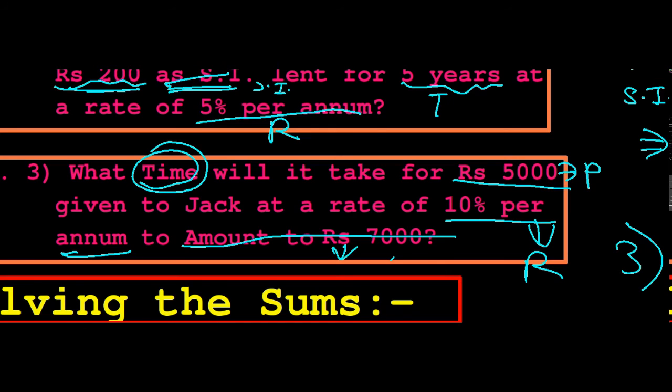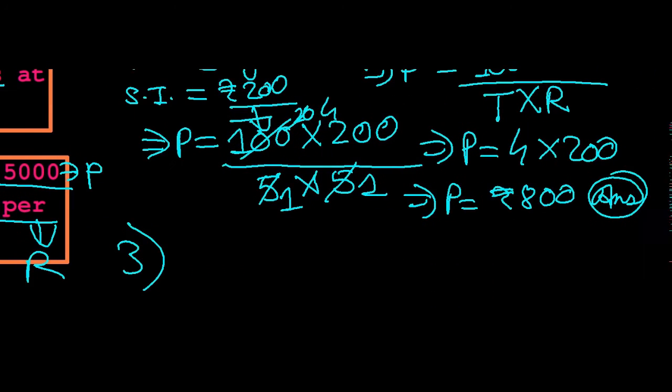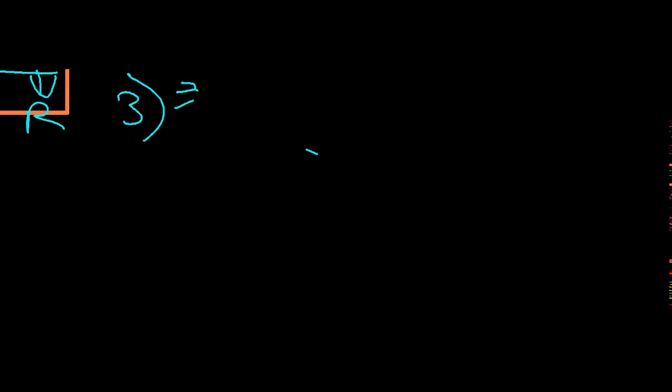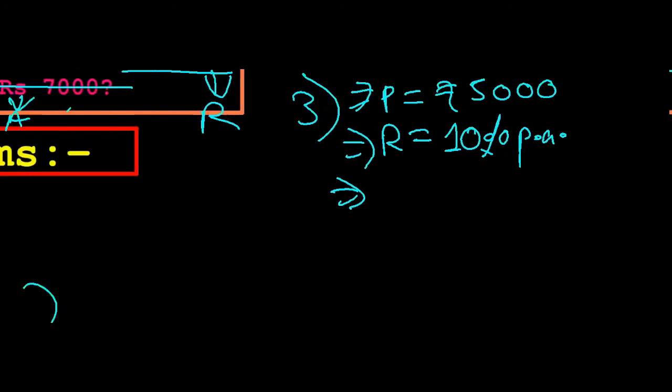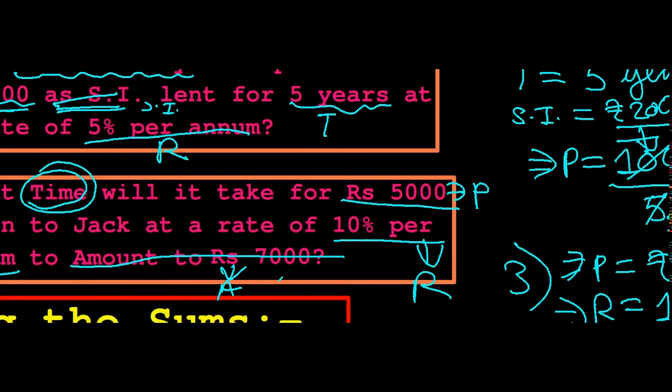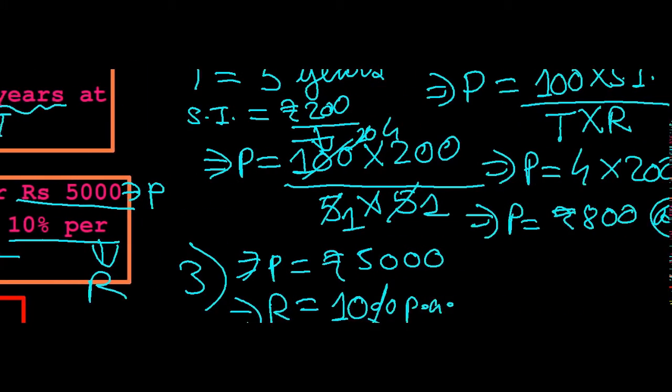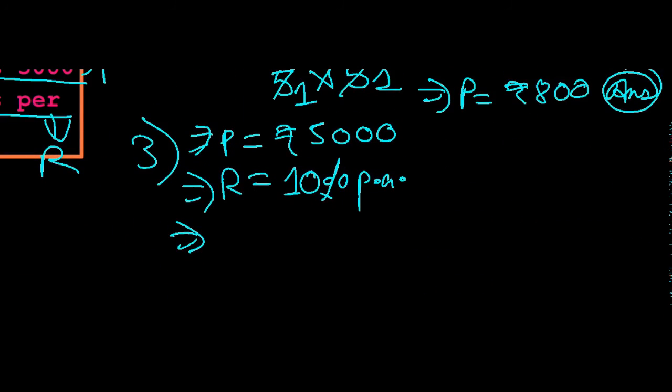This is the amount A. So first we are given P, which is rupees 5,000, and we are given R, which is 10% per annum, and we are given the amount. Amount is equal to rupees 7,000.